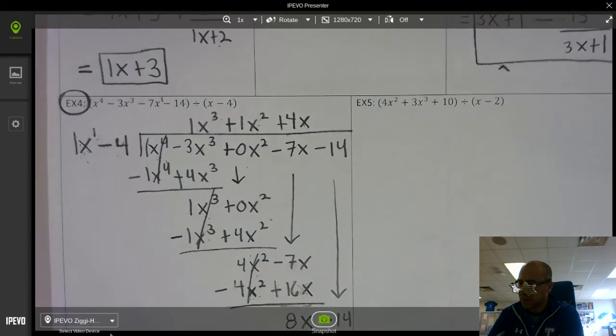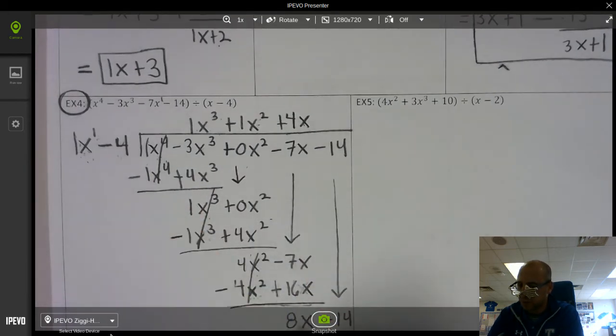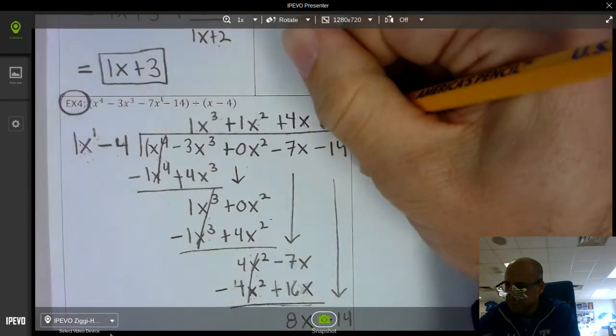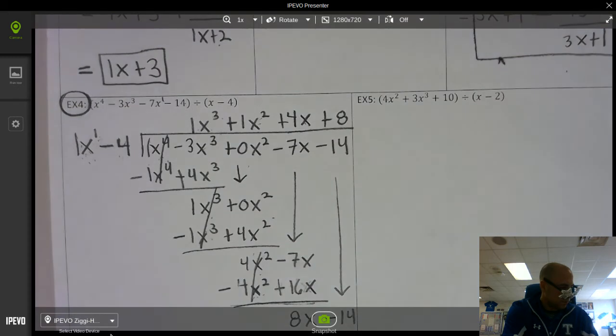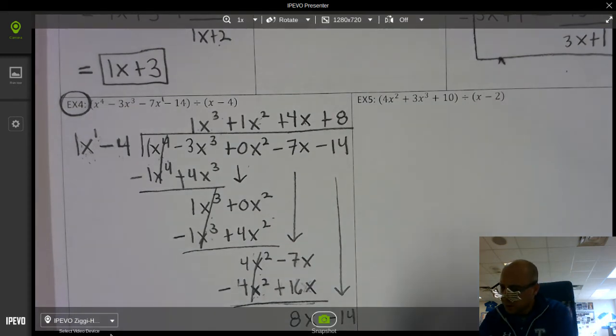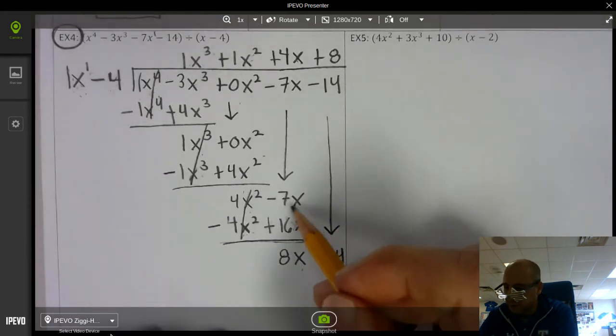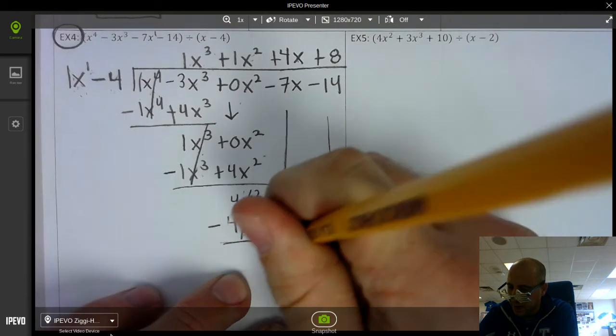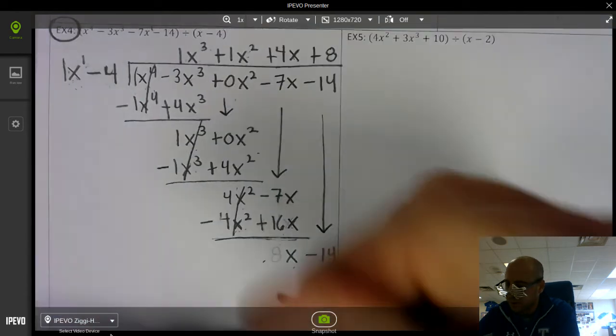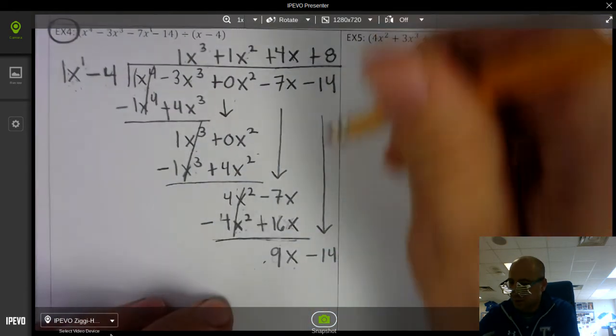Okay, so then here you have to ask yourself, well, what do you multiply 1x by to give you 9x? Well, the answer to that is plus 9. And I didn't make that mistake, but that's okay, intentionally. So I'm calling this the mistake problem. But mistakes are good because it helps.